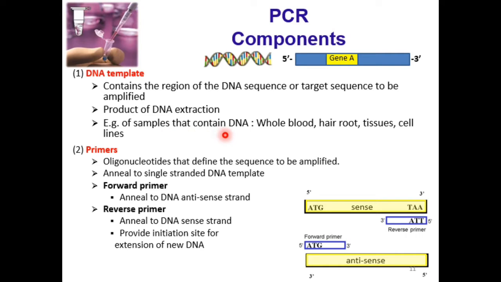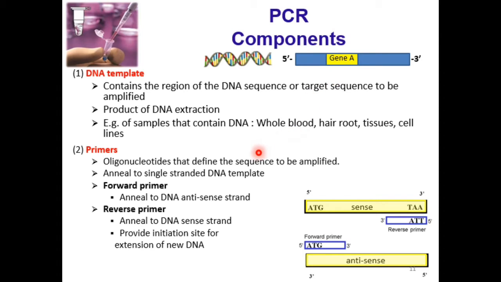There are a few samples, for example whole blood, the hair root, not the hair, but the hair root, various tissues, bones, cell lines. There are many samples. We can get them, extract the DNA, then amplify that sequence or part of the DNA. Of course, we are not going to amplify the whole DNA.